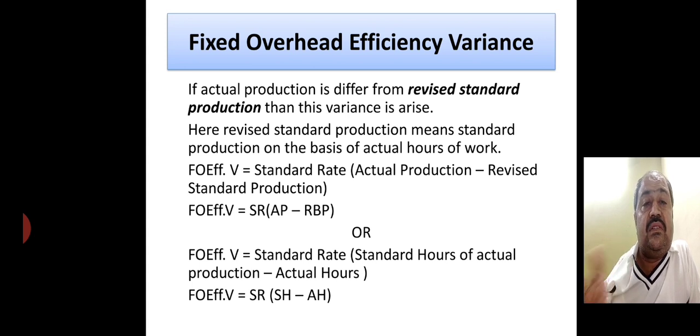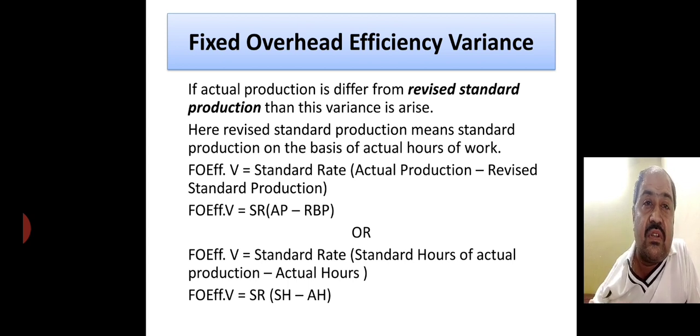The shortcut is standard rate into actual production minus revised budgeted production. Revised budgeted production means revised production on the basis of hours. How it is to be calculated, we will discuss at the time of the example. Or we can write this formula on the basis of hours.